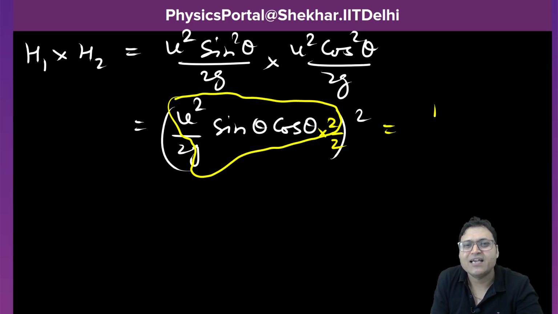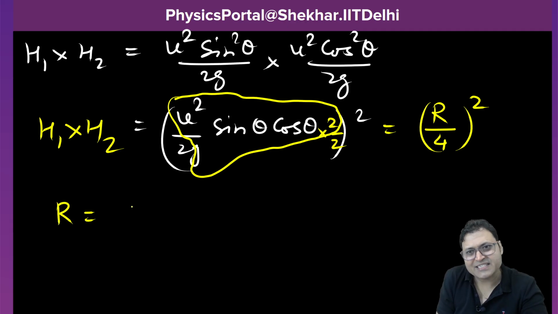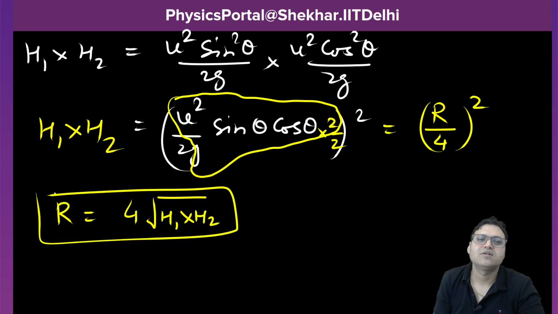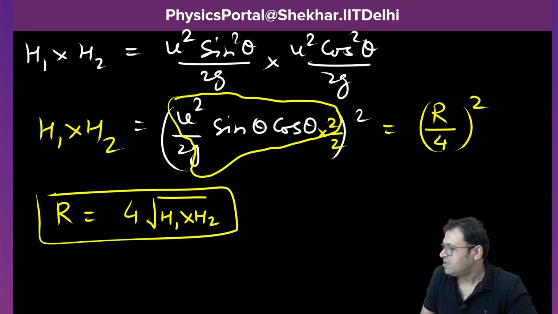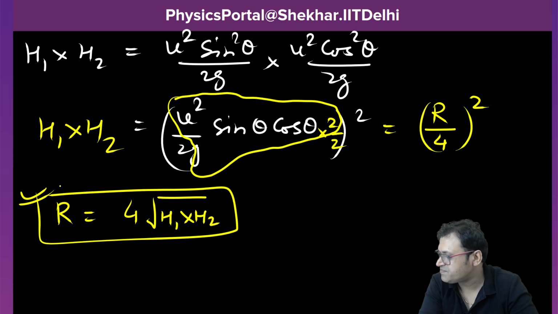So we can say H1 into H2 will be R by 4 whole square, or we can say the range R can be calculated as 4 under root of H1 into H2. This is how we can find the range also.